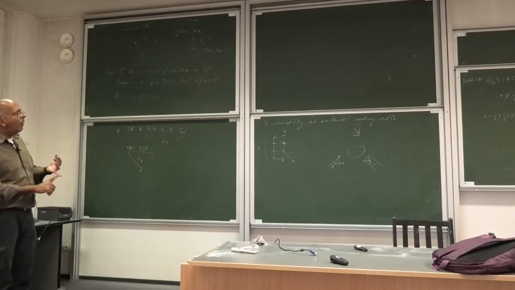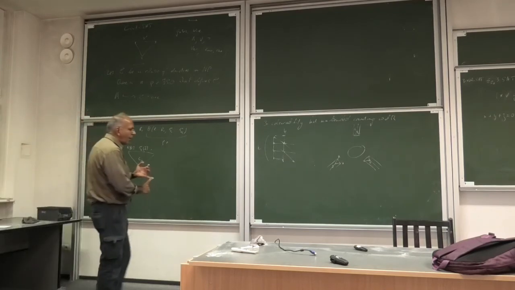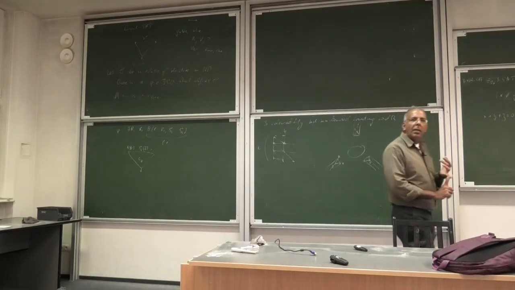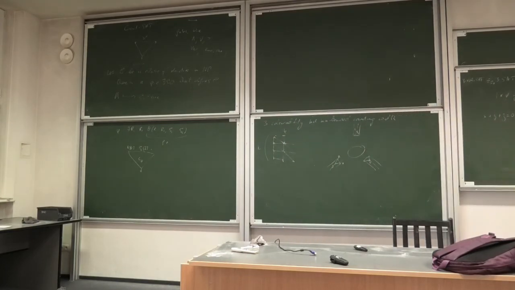So yes, I think I've covered the examples I'd mentioned, right? Yes? Is it hard to prove that it is not NP-complete under all reductions? Under first order reductions, right?